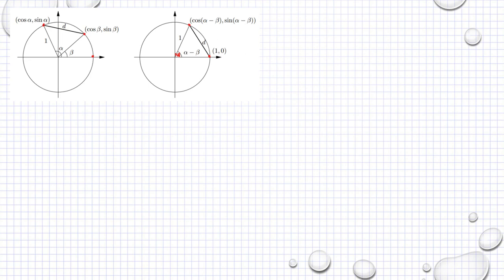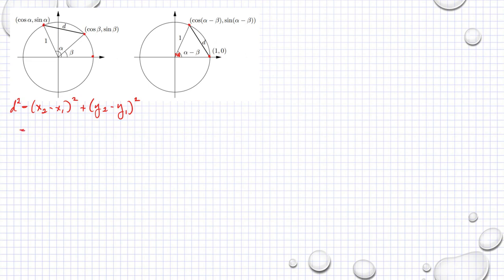And we know that the distance formula looks like this: d squared is equal to x sub 2 minus x sub 1 squared plus y sub 2 minus y sub 1 squared.